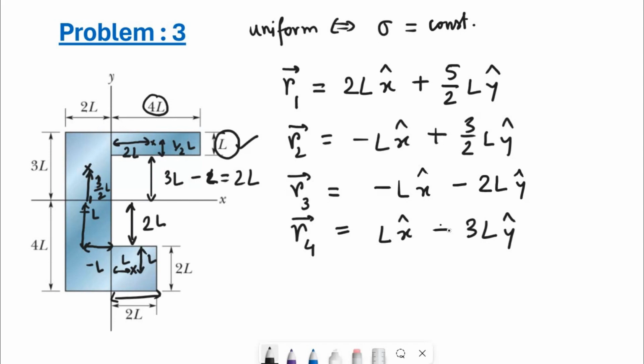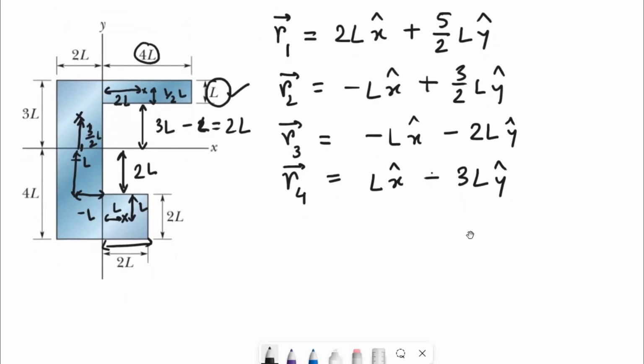Now we'll have to find out the corresponding masses, right? So since it's a planar object, we have the total mass, capital M, equal to sigma times the total area.